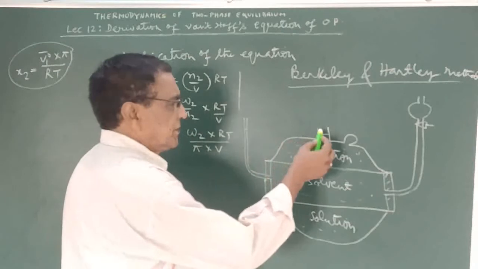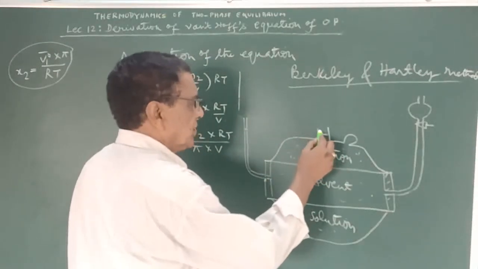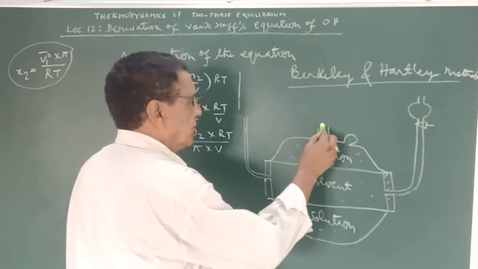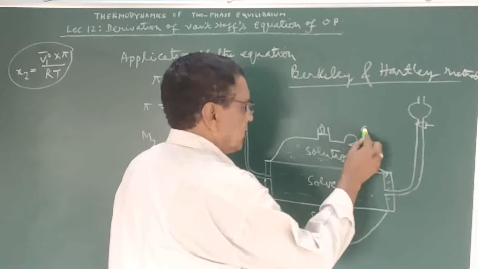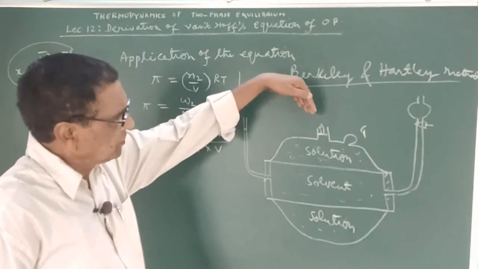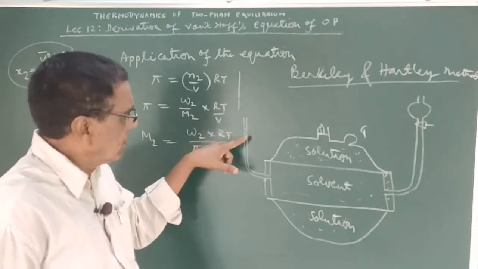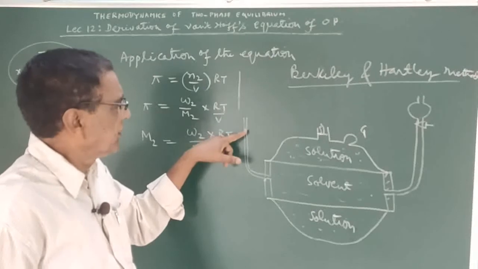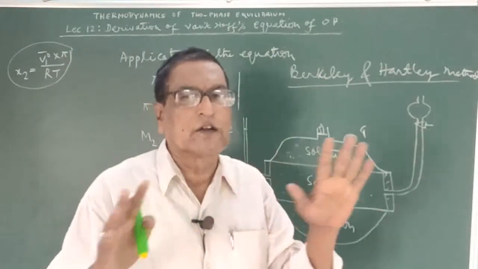Now the excess or additional pressure is added to this piston in the form of weight. This is the pressure gauge. So weight is added on the piston of the solution so that this mark or level of the solvent remains in its initial position from the very start of the experiment.